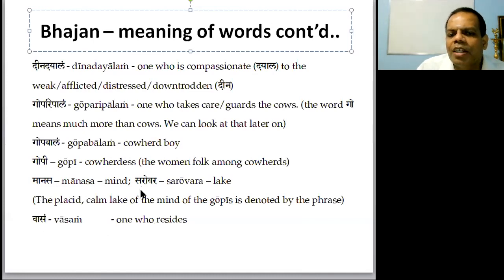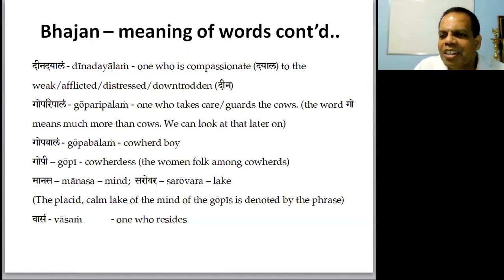Manasa Sarovar, I think all of you know, is a lake near Kailash. It also means our mind which is still. When our mind is still, that becomes a lake. Just like the lake near Kailash, it will be so transparent that one can see the bottom. That's the feeling. There are no ripples. Manasa Sarovar.